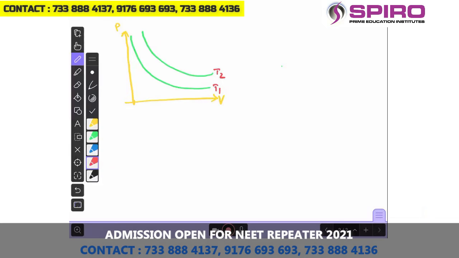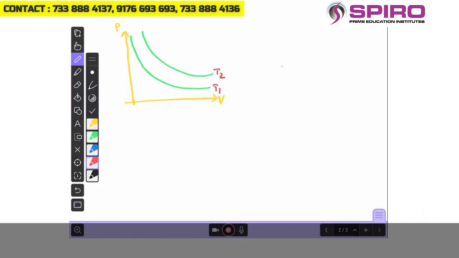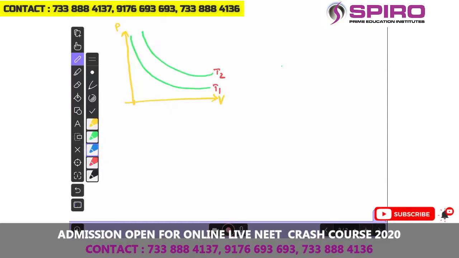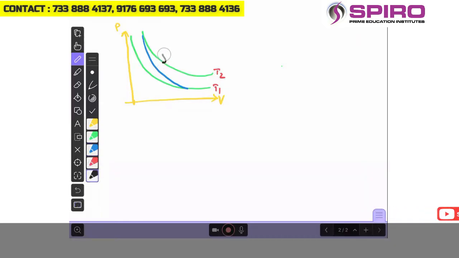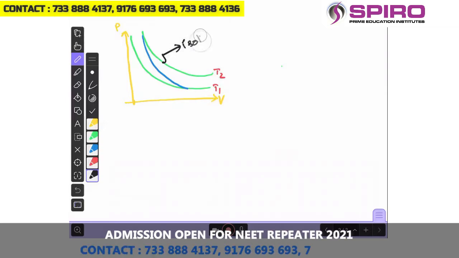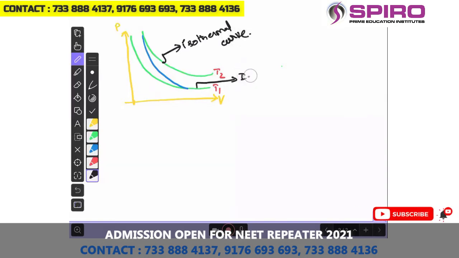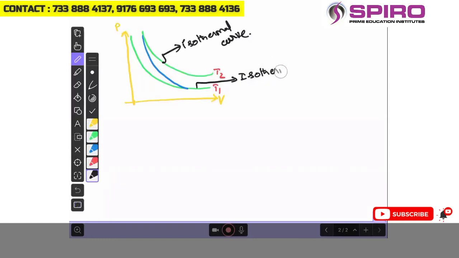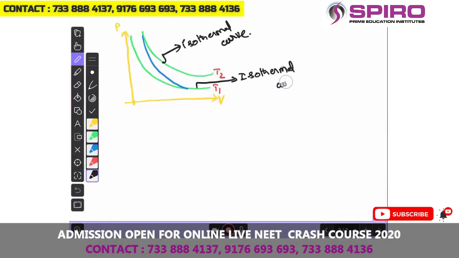Between two isothermal processes, an adiabatic process will be conducted. So the adiabatic curve I am going to draw here like this. The steepness changes. This is an isothermal curve, this is another isothermal curve, and this will be the adiabatic curve.